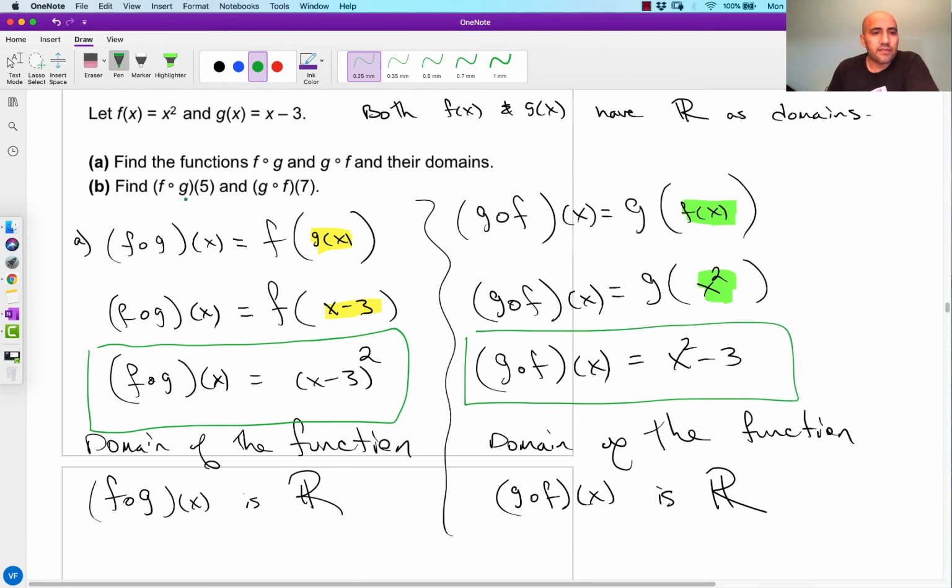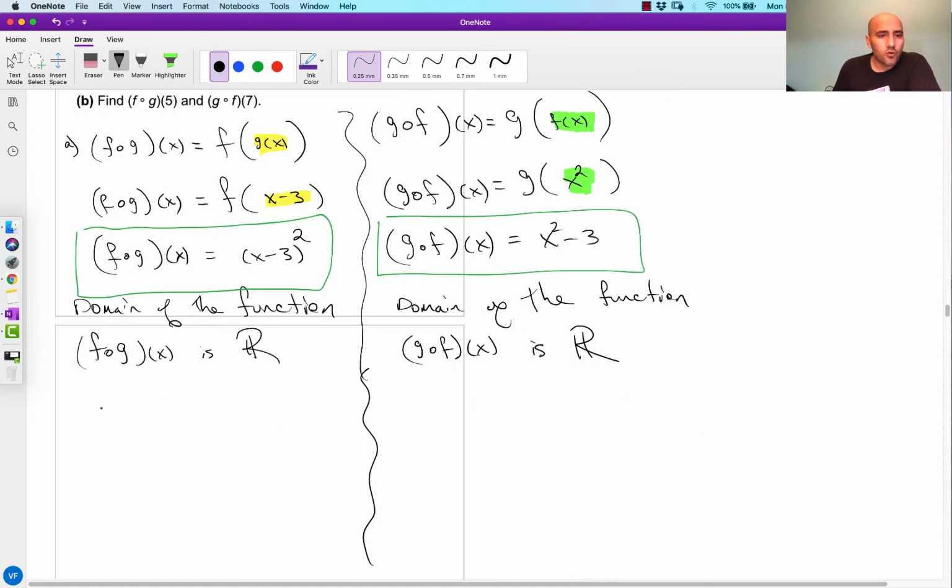Okay, so part B says evaluate f composed with g at 5 and evaluate g composed with f at 7. So for this one we want f composed with g evaluated at 5.